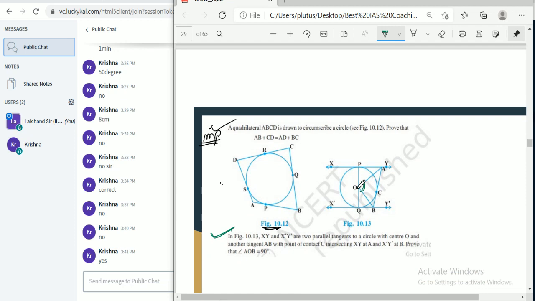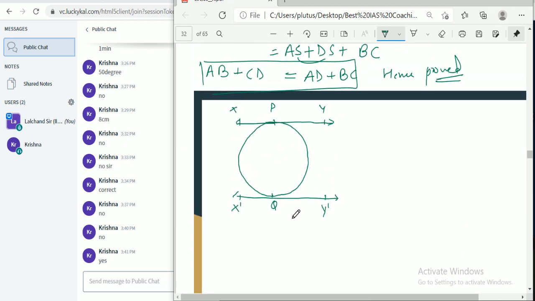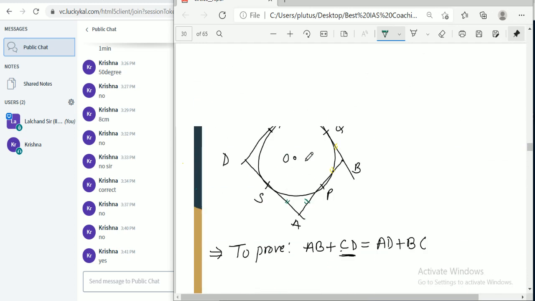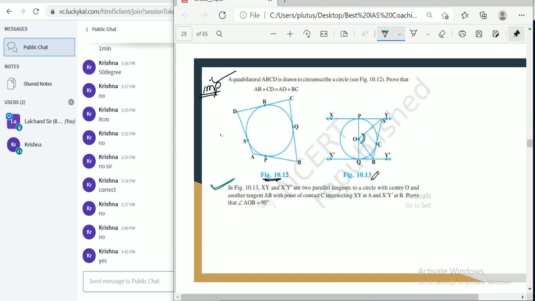This is the center O, and this is point A and B. Here we have center O, and from center O we have to join A and B point.